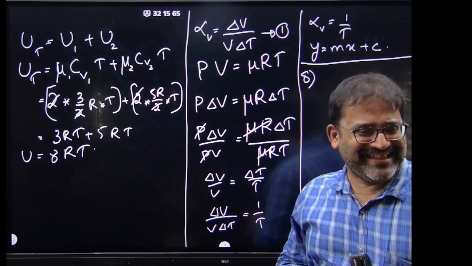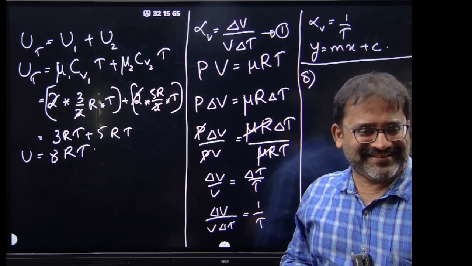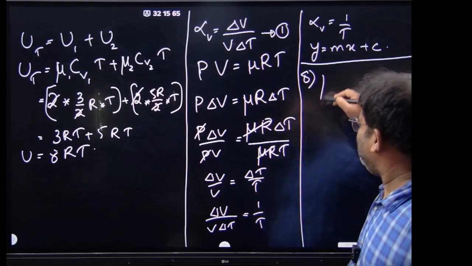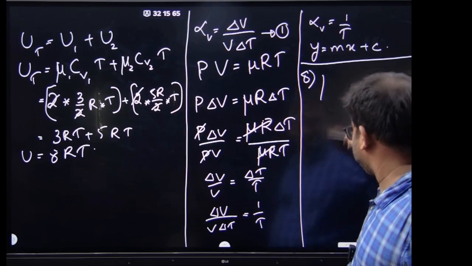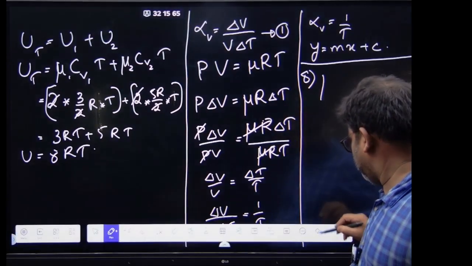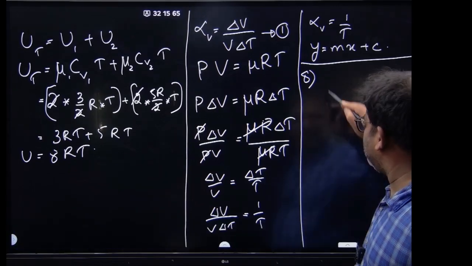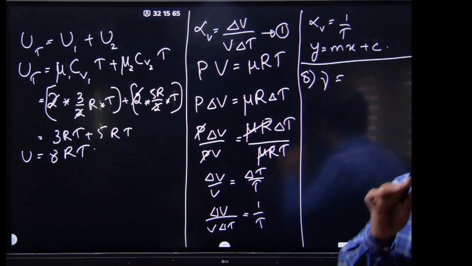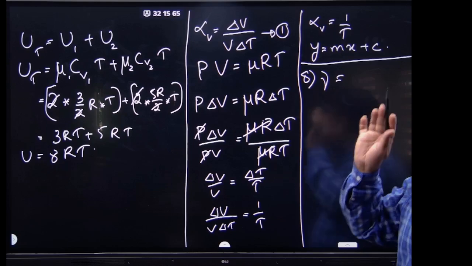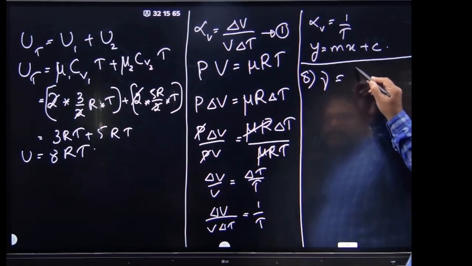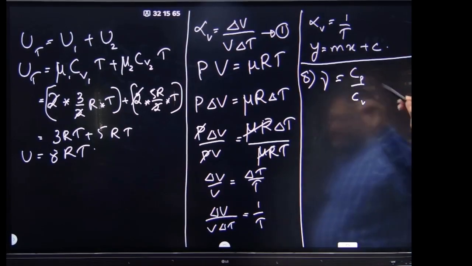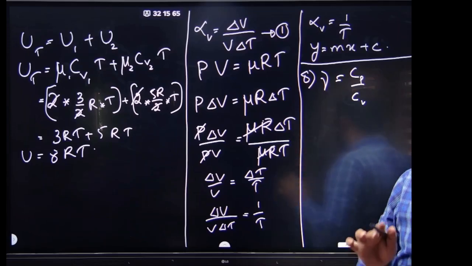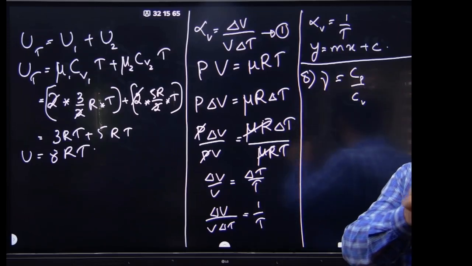The ratio of molar specific heats of oxygen is... Now what is the meaning of molar specific heat? Now remember, it is nothing but gamma. So gamma is equal to Cp by Cv. Now remember, oxygen is a diatomic gas because it normally occurs as O2.